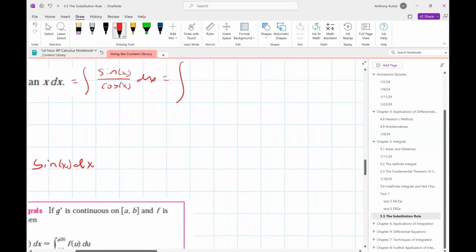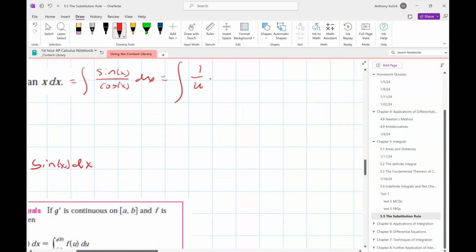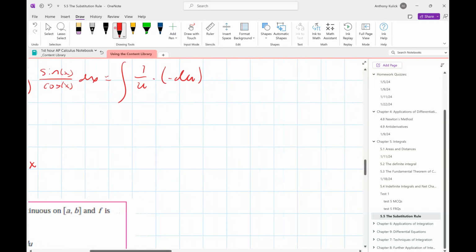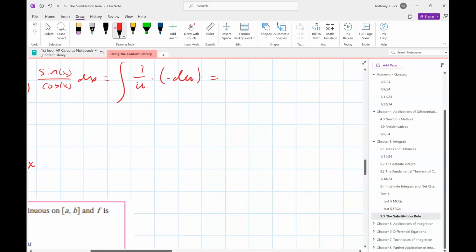All right, so we have 1 over u times negative du. So what's the antiderivative of 1 over u? Natural log, and then absolute value around it.